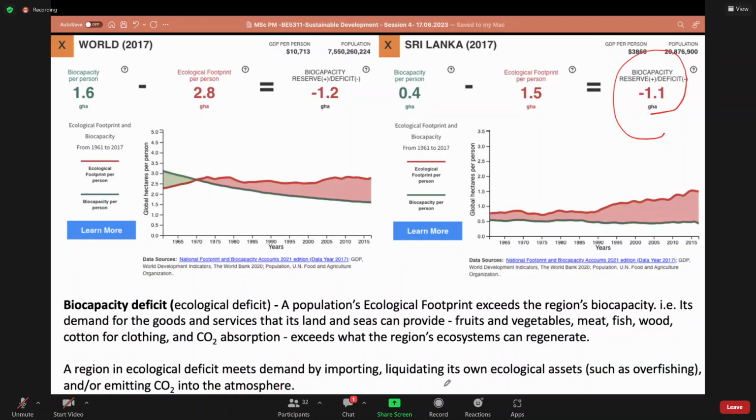That means we are overfishing, cutting down our forests faster than they can regenerate, emitting more carbon into the atmosphere than what the atmosphere can process, or putting out more pollutants into the environment than what the environment can safely process. So that is where we are currently.